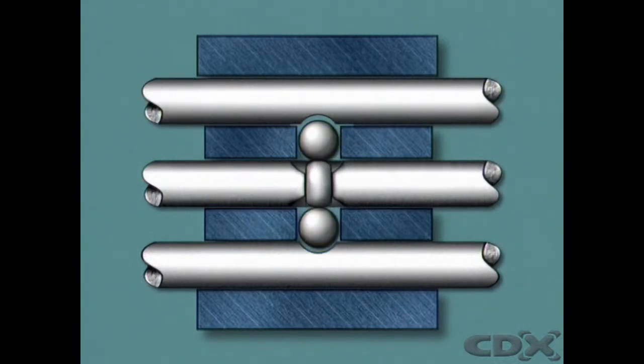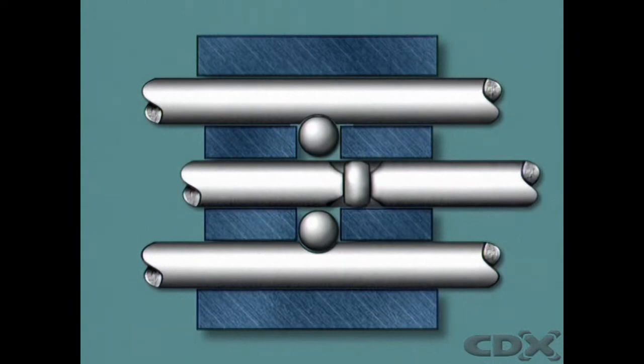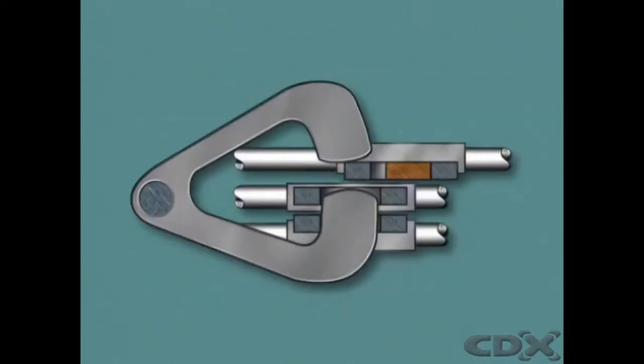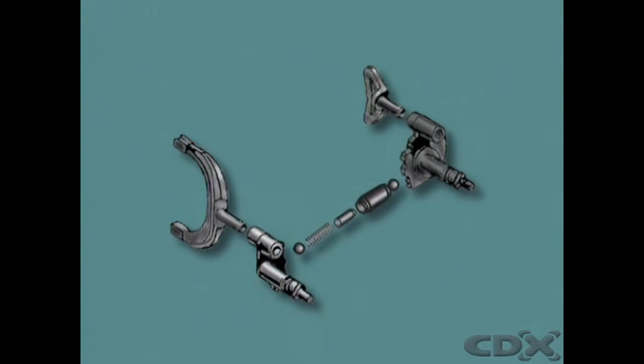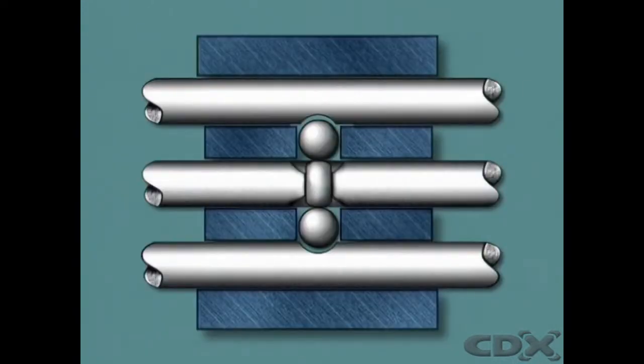When the center rail is moved, the balls move into the grooves of the outside rails and hold them in a similar manner. All gearboxes are fitted with interlock and detent mechanisms, although designs vary according to manufacture.